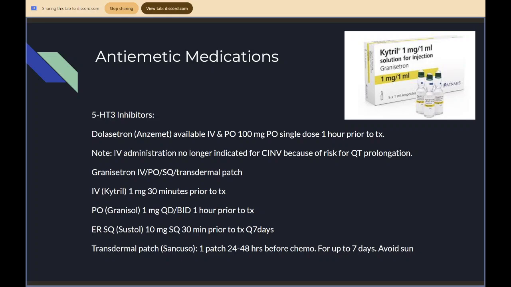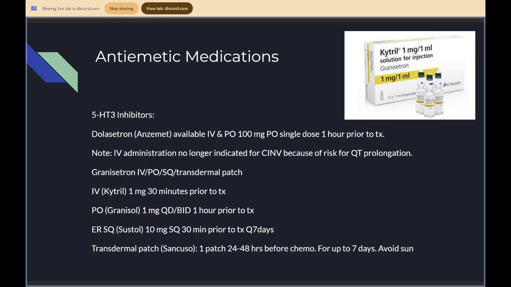All right. So while those answers come in, granisetron is available IV, PO, sub-Q, and transdermal patch. IV Kytril, 1 milligram 30 minutes prior to treatment. Orally, 1 mg once a day or twice a day, 1 hour prior to treatment.